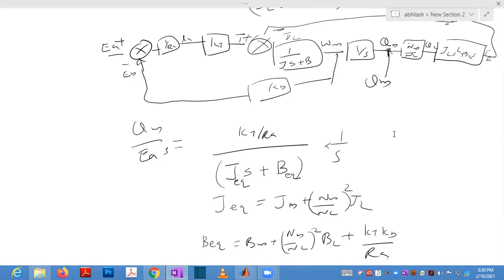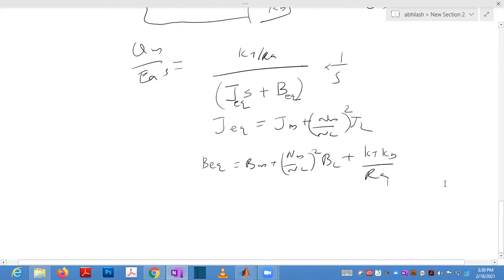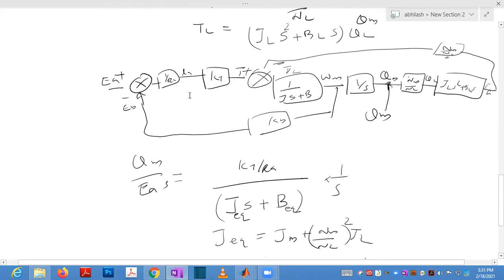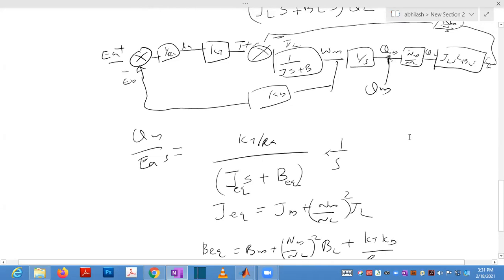So you are taking this much time to solve one question. Then your quiz will have, I think, 4 or 5 questions like this. So you practice it. Any doubt is there, you can directly ask. So this one is the open loop transfer function of this motor. And now what we are going to do is we have to measure this speed.